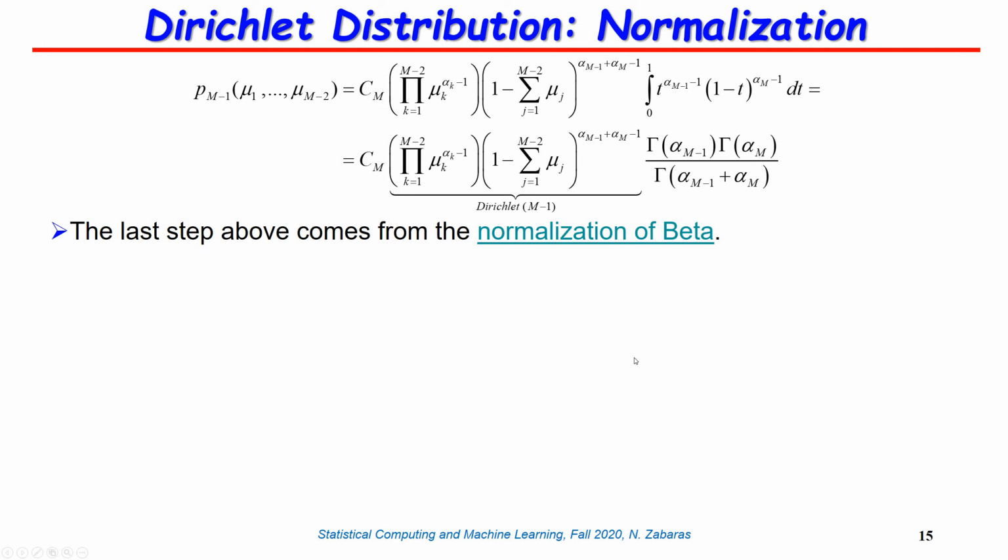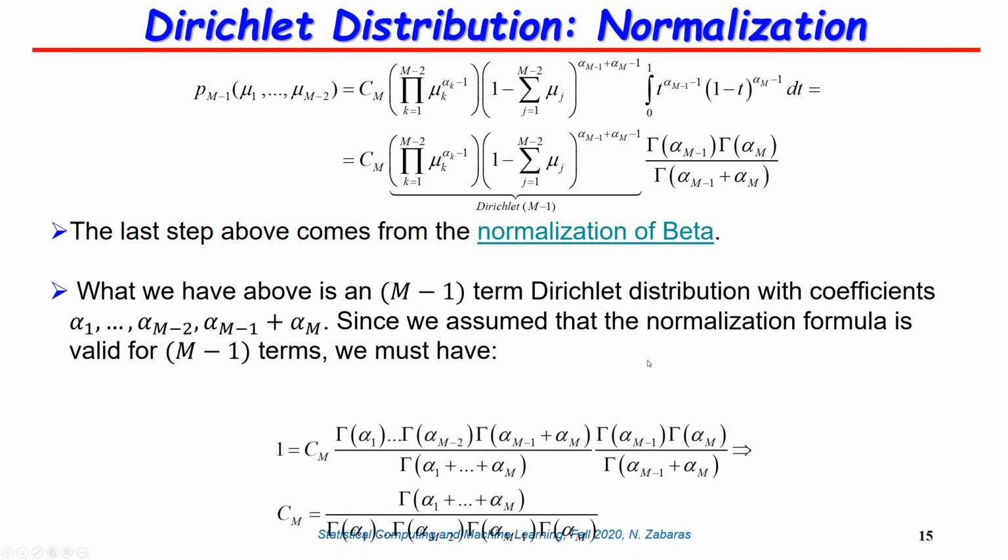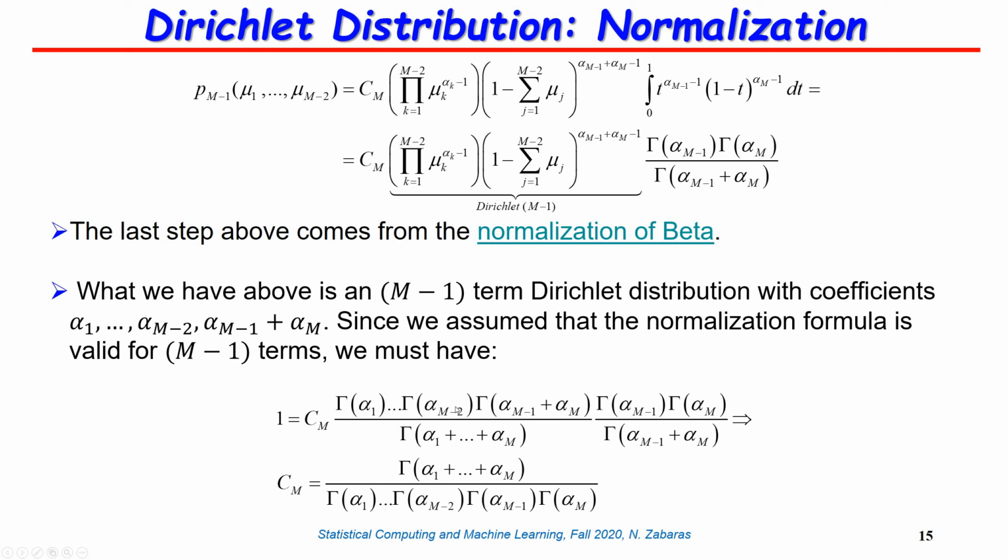And we know that is what it is from induction, right? And so when you substitute that, what you assume to be true for m minus 1 terms, and you solve for Cm, you do get the required answer that you see on the bottom.